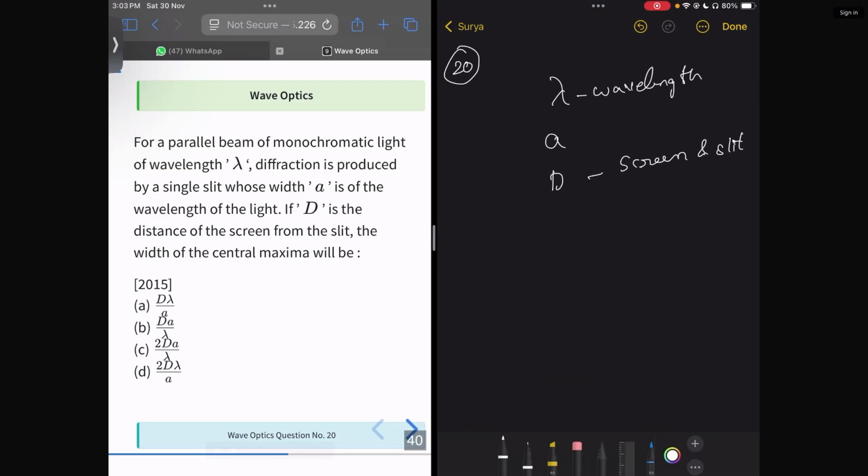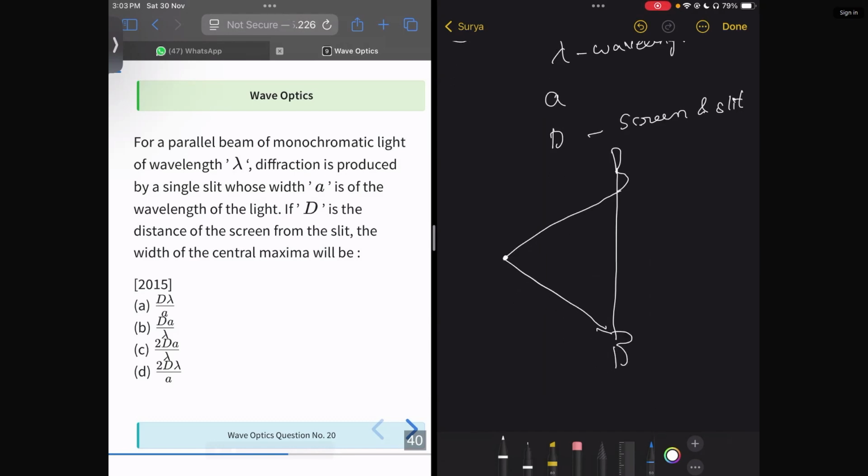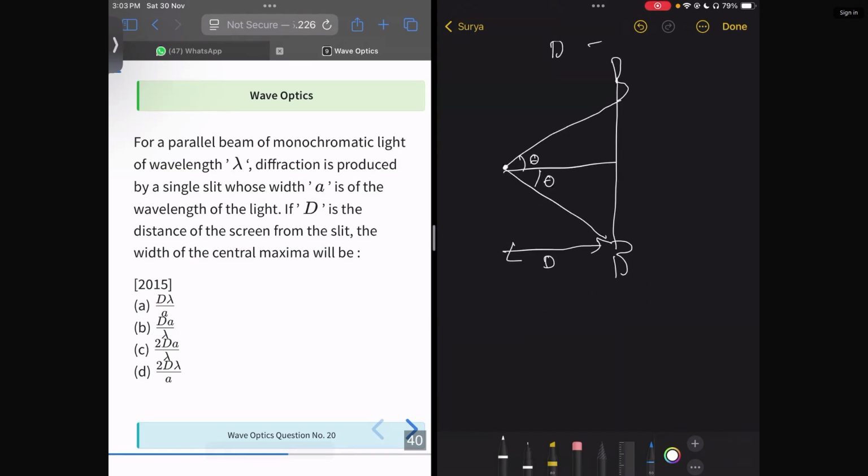So there is a screen. The central maximum lies between the first minima on both sides.